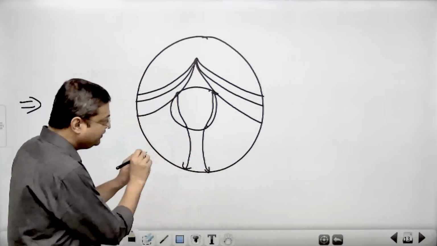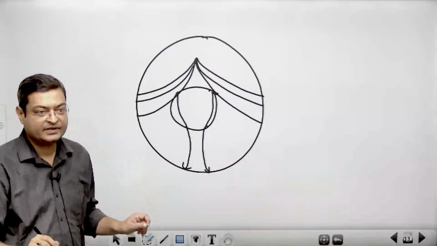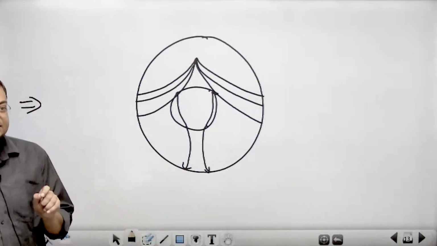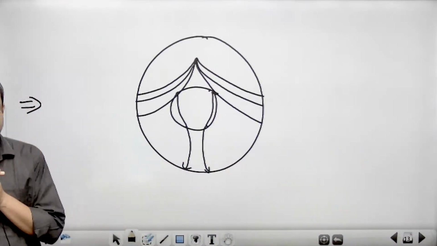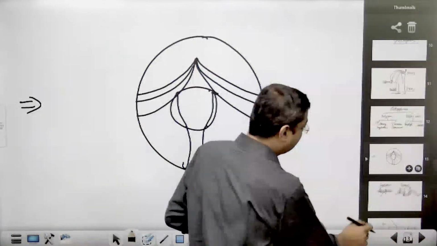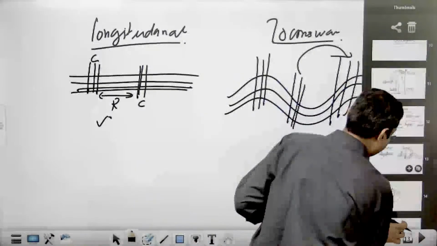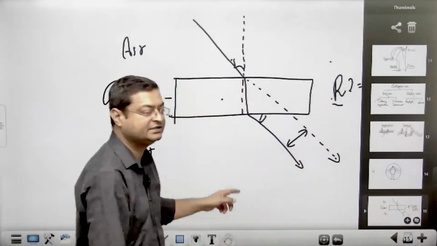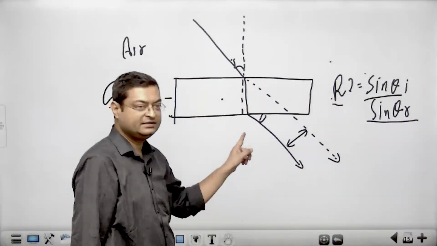But when the waves are bending, there will be some region where these waves are not detected. Similarly, for example, if we go by Snell's law of reflection and refraction, the wave is bending.